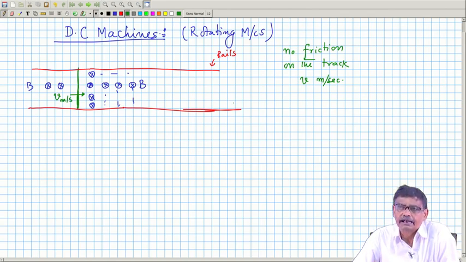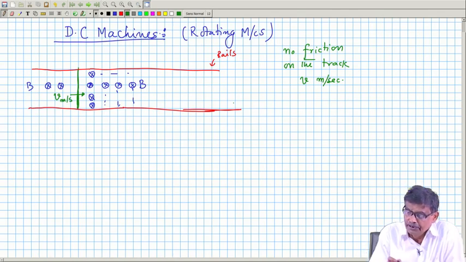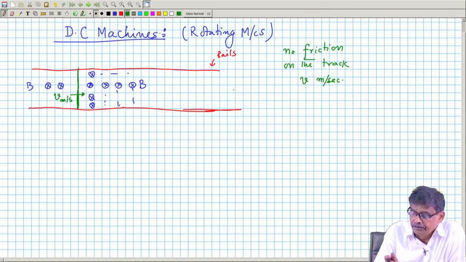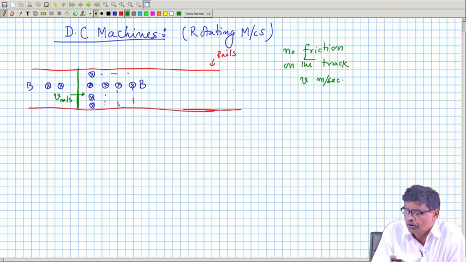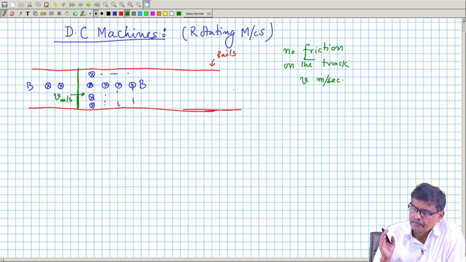If no force is acting on any body, then either it is at rest or it is moving at a constant velocity. That is what we know. So, to move the conductor at a constant velocity v meter per second, I do not require any external force. It will go on moving under these assumptions. Okay, that is fine.